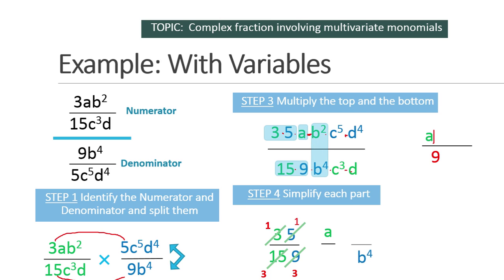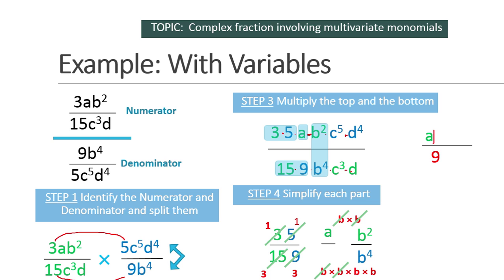Now let's look at our b's. We've got b squared over b to the fourth. Well, think about that. B squared means 2 b's, right? And b to the fourth means 4 b's. So if we cancel out our like ones, we can cancel out 2 of each of the b's. So how many b's are left over? 2, but where are they?